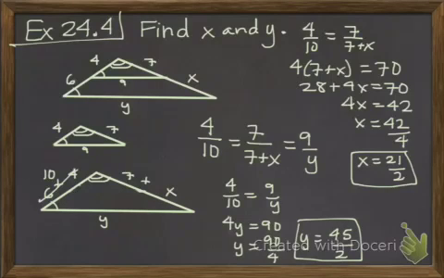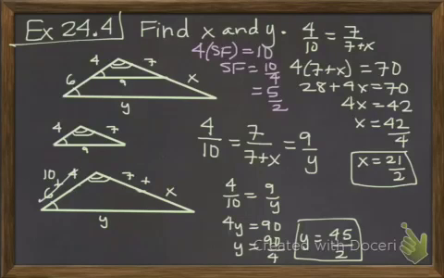Now you could solve this problem using a scale factor instead of proportions. So just really quick, we'll talk about how you would use scale factor. We know that 4 times a scale factor would give us 10, so the scale factor is going to be 10 fourths or 5 halves.